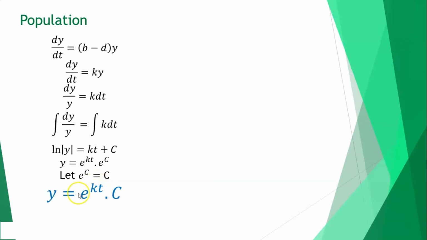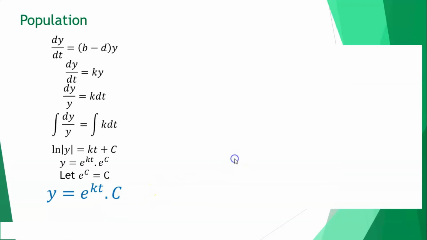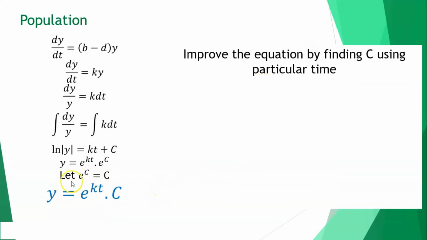With this, we have our equation as y is equal to e to the power of kt times c. Now, let's improve this equation by finding the particular value of c using a particular time. Take note, when the time is 0, our y would be y of 0, or the initial value.